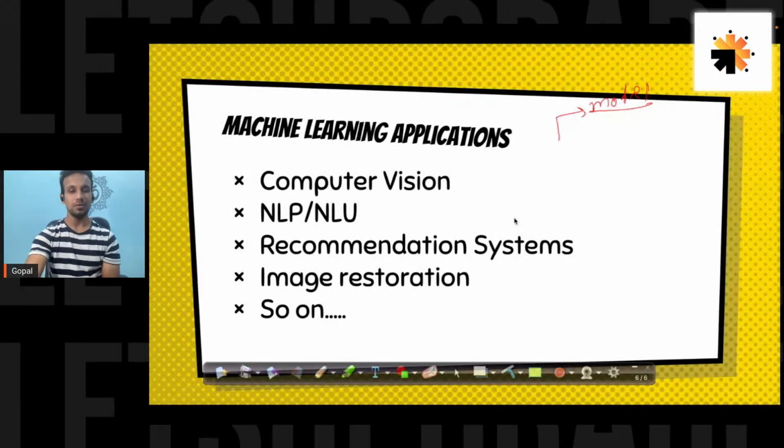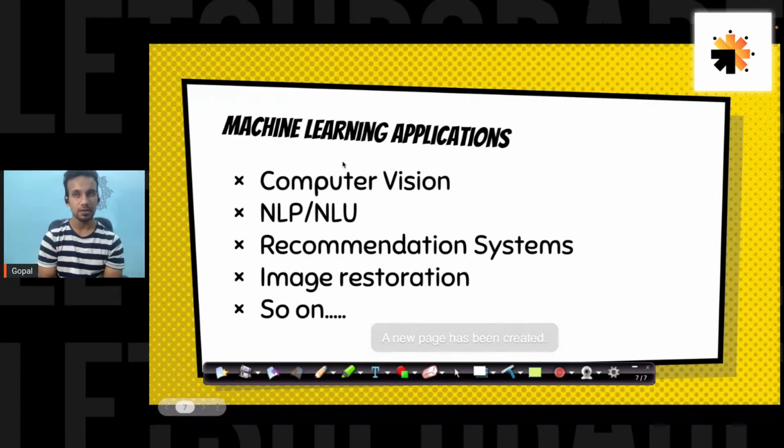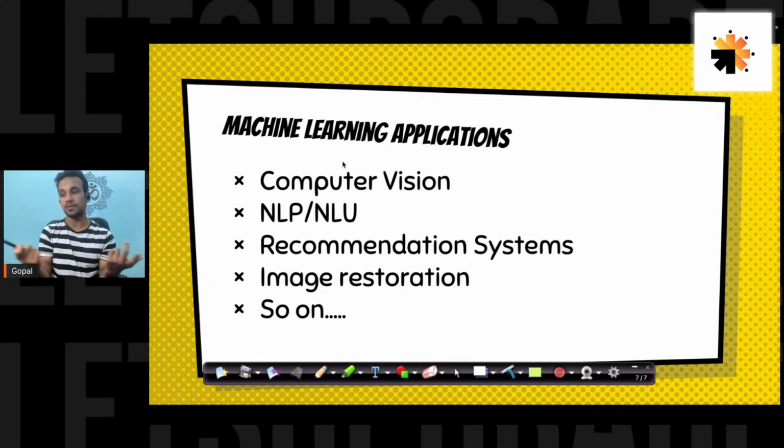Where exactly can we leverage machine learning applications? The first one is computer vision, where my heart actually lies. I just love doing analysis over videos and images. Then we have NLP and NLU, which go for text-based processing.